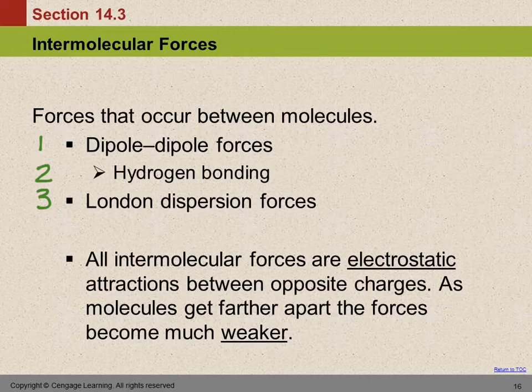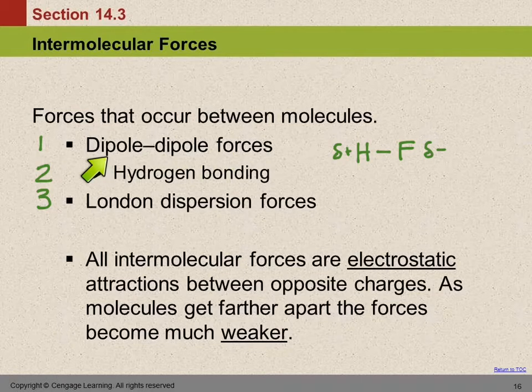So, like a molecule like hydrogen fluoride. We talked about electronegativity and how fluorine is the most electronegative element. It hogs the electrons that are in this shared bond, and here's hydrogen, and so this end is slightly negative, this end is slightly positive. This molecule has a dipole.